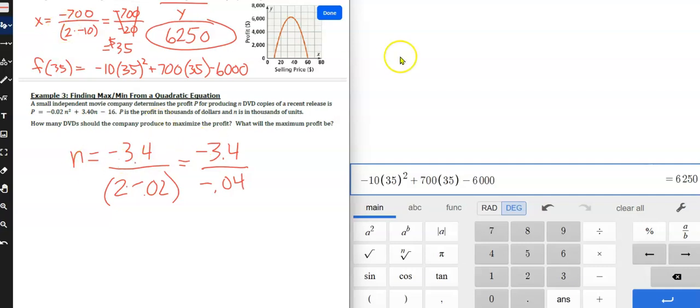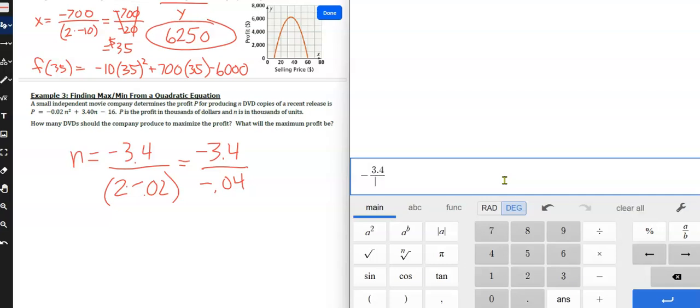Come over to my handy dandy Desmos machine here. Negative 3.4, and because I'm doing a negative over a negative, I know it's going to be a positive. Looks like 85. Now remember, that's in thousands. So I guess, because it says 85, I'm going to put 85,000 DVDs.